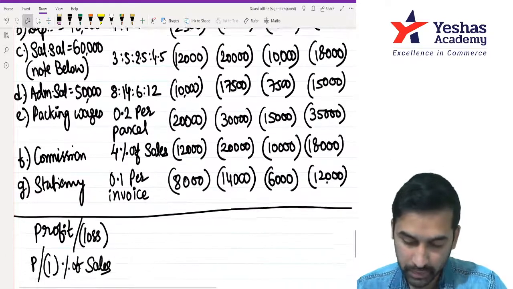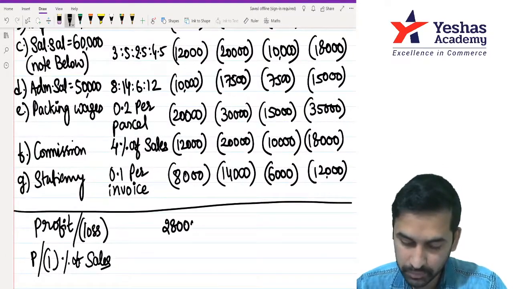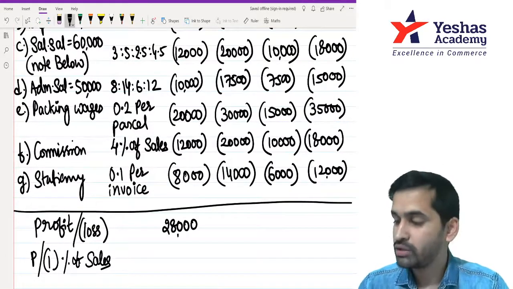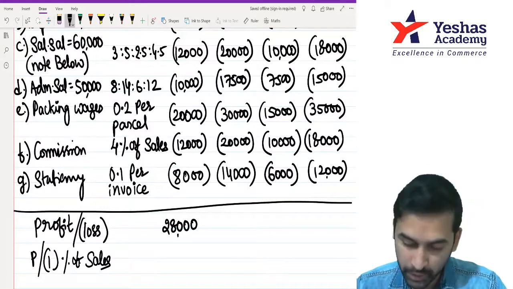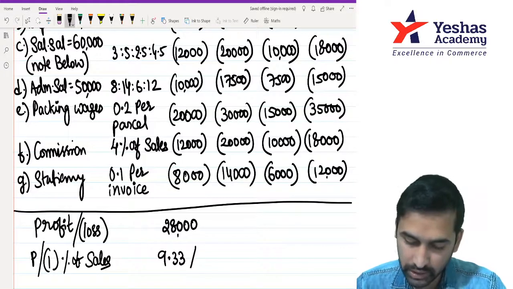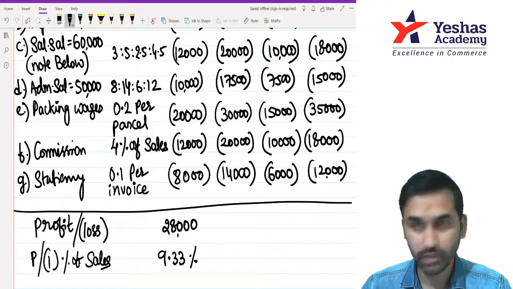First one, I'm getting 28,000 profit positive. So divide that by sales, which is 3 lakh, into 100, you will get 9.33%. Okay.